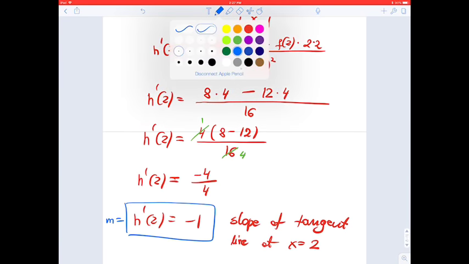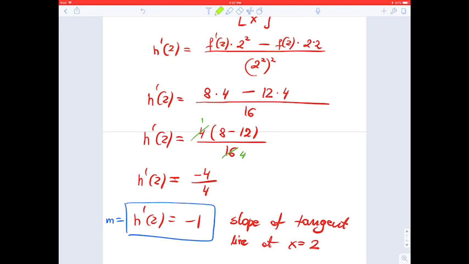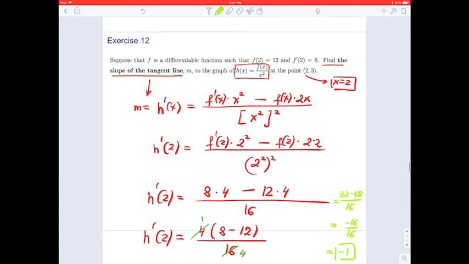Of course, what I can do, we can still say 32 minus 48 over 16, which is negative 16 over 16, which is negative 1. I just wanted to avoid big numbers, which actually 32 and 48 are not huge numbers. Okay, negative 1 is the slope. And that's the quotient rule.